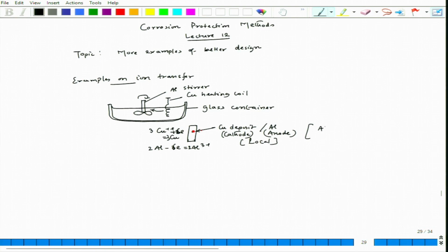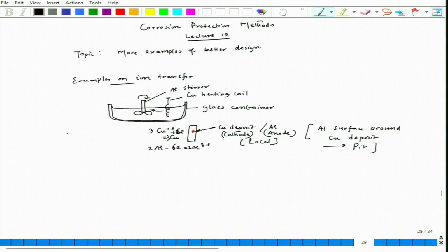So, the aluminum surface around the copper deposit will form a pit. That is a problem, and that pit can grow, and since this has a rotational movement, at one point of time it can also break, because the pit is progressing inside the material. So, it can lead to breaking of that particular stirrer.